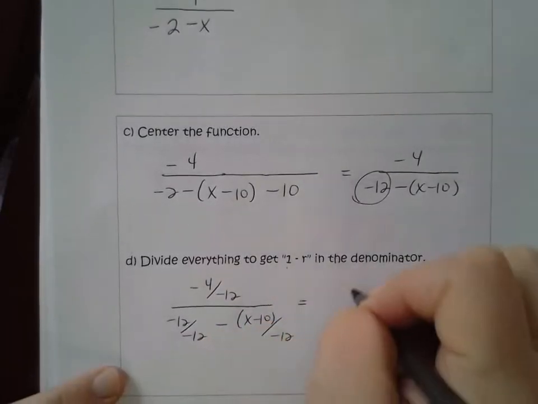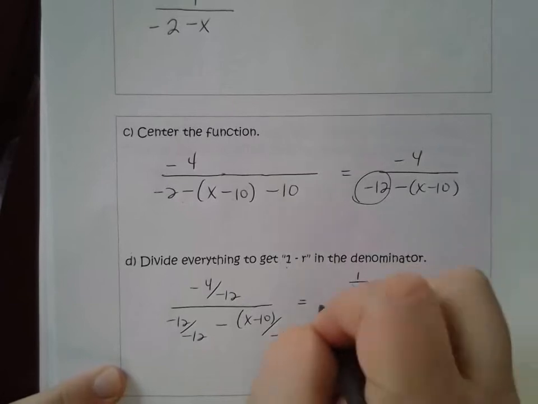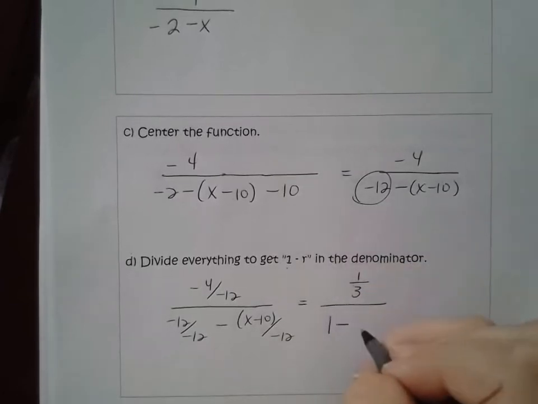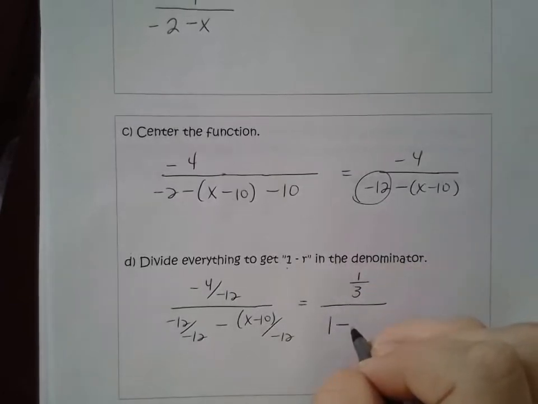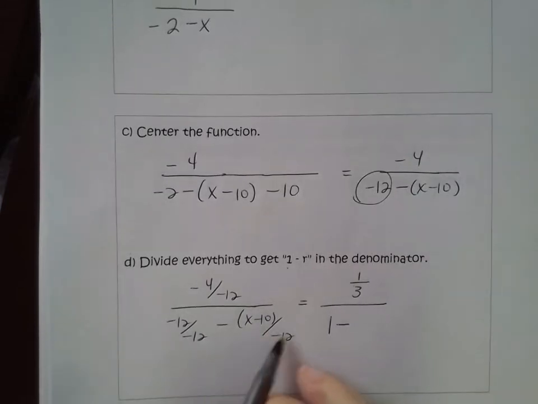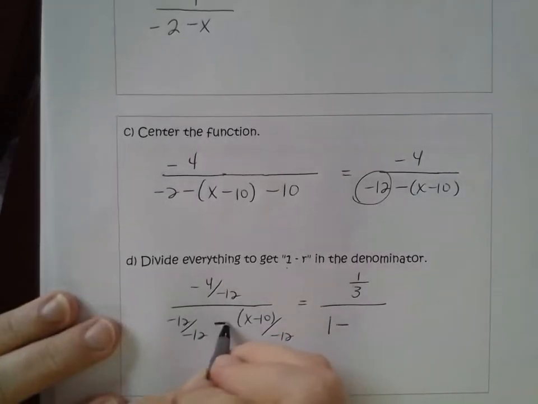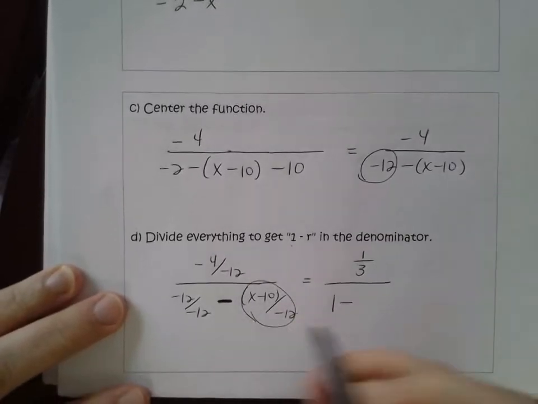Now be careful here. I get 1/3 in my numerator. I get 1 minus, and I want you to keep this with the formula, because the formula has to say 1 minus r, so this whole r has to be maintained.